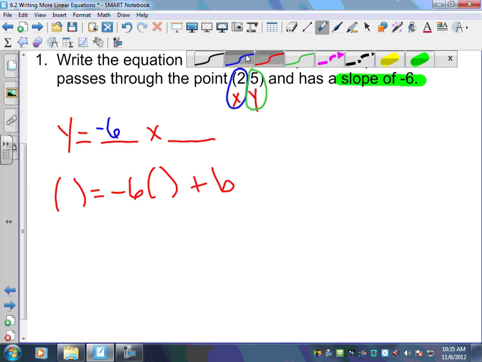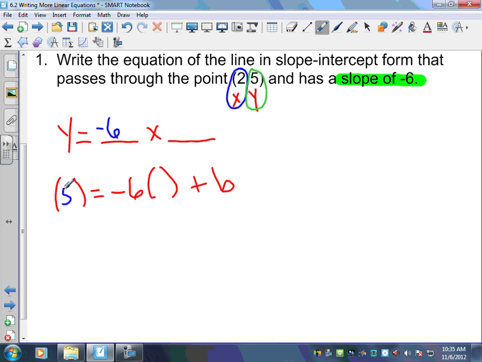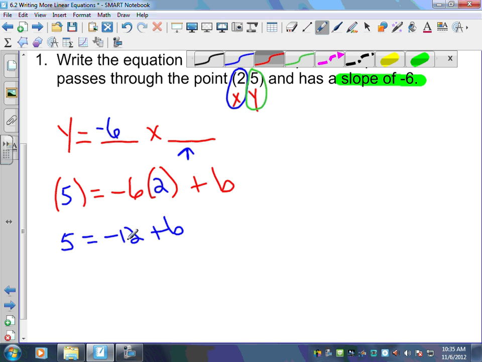Now, what am I going to put for y? That's right, 5, because 5 equals y. What am I going to put for x? 2. So now I solve this for b, and I get my y-intercept, which goes right here. So 5 equals -6 times 2 is -12 plus b. How do I shift -12 to the other side?